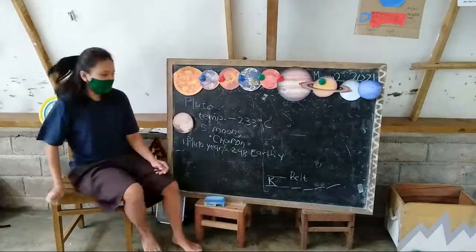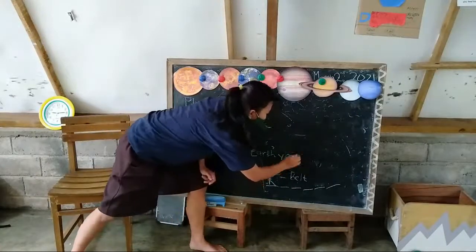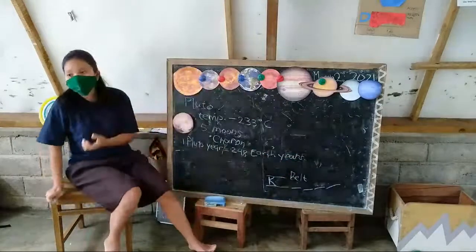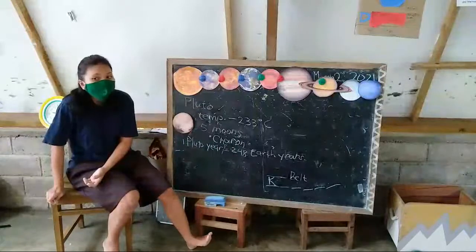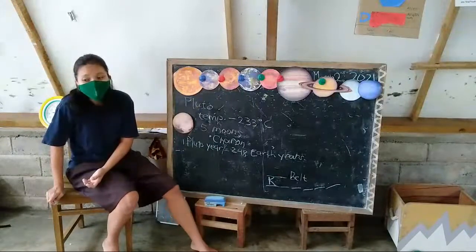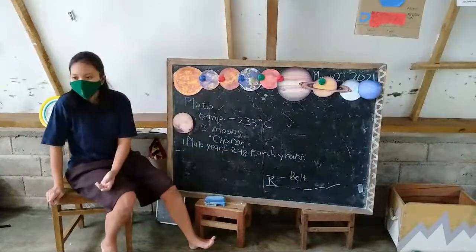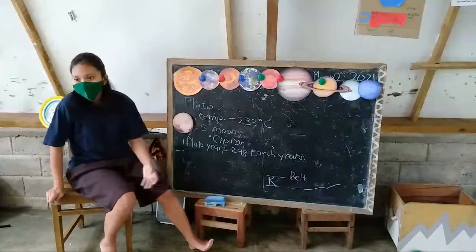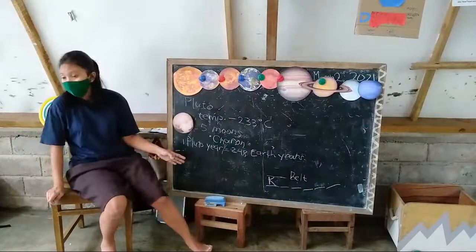It's longer than Neptune. Yes, it is much longer than Neptune. Oh my God. Okay, why does 1 Pluto year equal 248 Earth years? What makes it so long? So far from the sun. Yes, it's so far away from the sun.